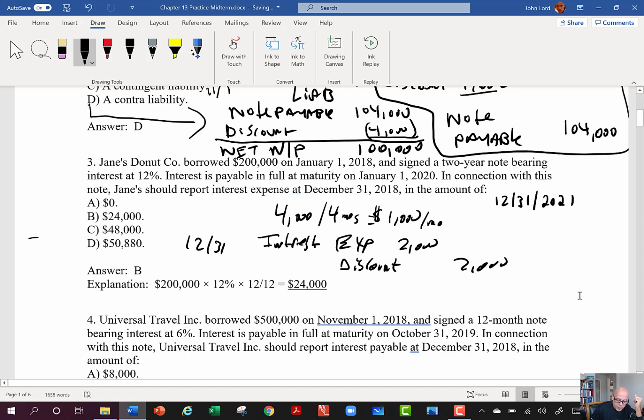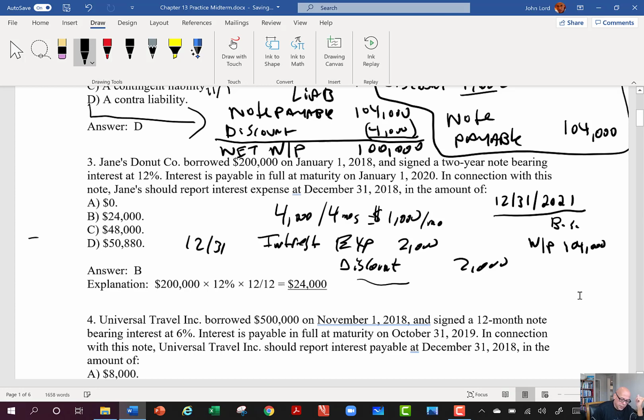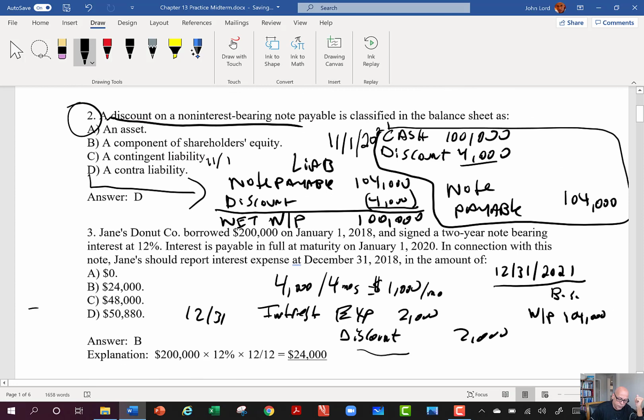Okay, and then if we prepared the balance sheet at that point, at 12/31, 2021 balance sheet, the note payable is still what? Still showing at $104,000. But now we've done what? We've credited the discount. We had debited it up there for 4. We credited it for 2.